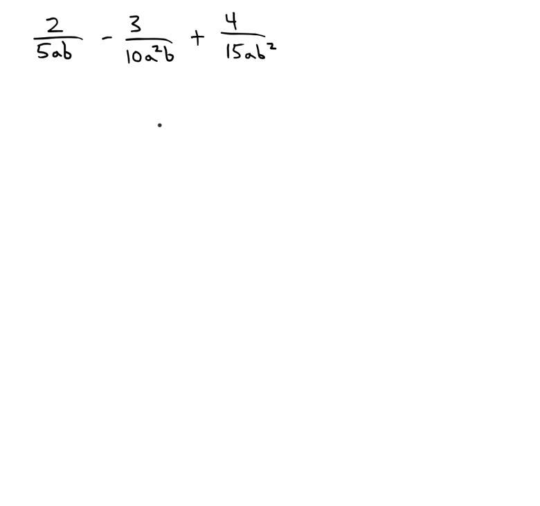In the factor tree method, what we do is we find a factor tree for each of the denominators that we're trying to find a least common multiple for. So we could break them up into their number parts and their variable parts separately.